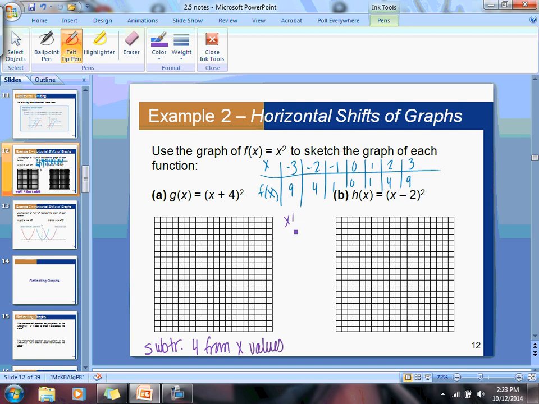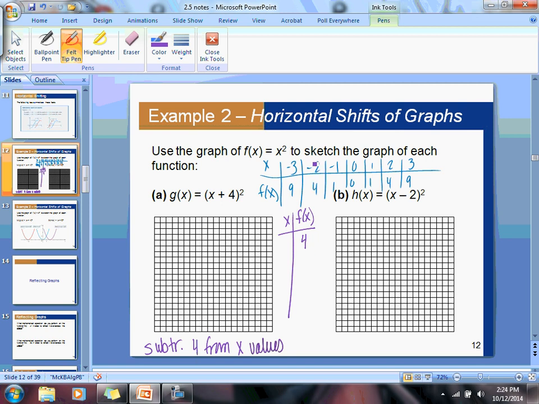So if I'm going to make my table of values, if I originally wanted to start from like -2 to +2, now I'm going to start, originally from -2. Originally that -2 value got me a 4, but now I'm going to subtract 4 from that x value.